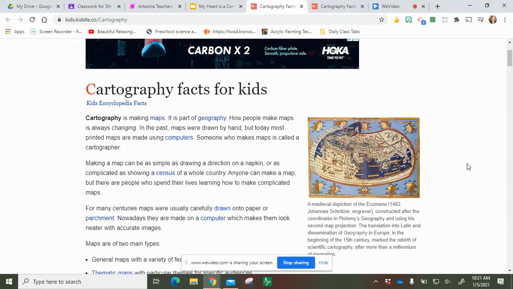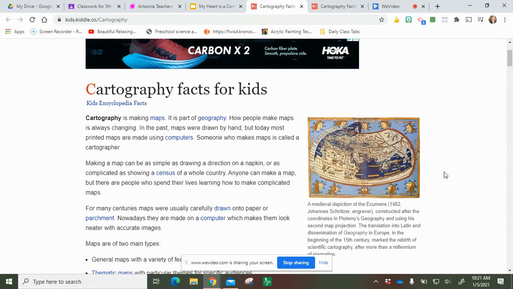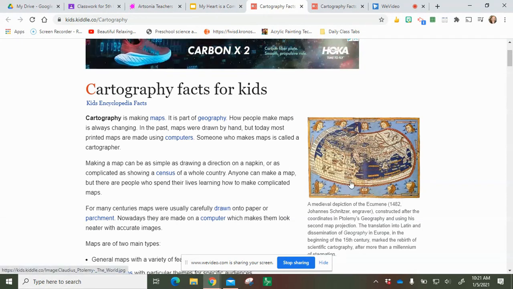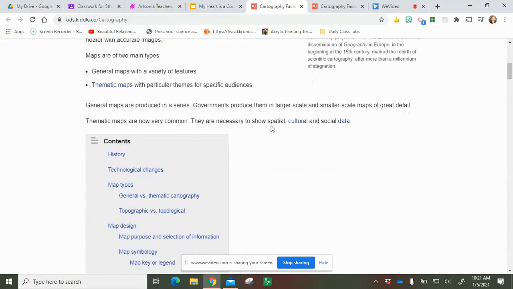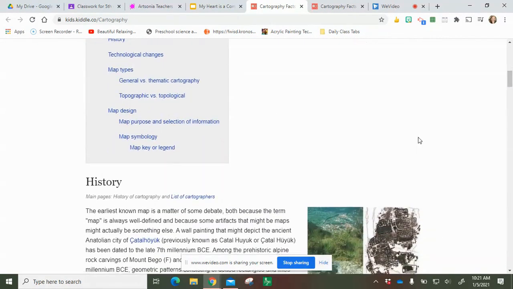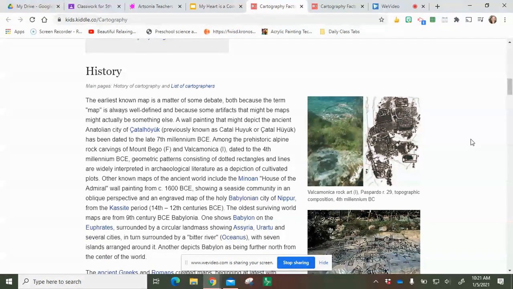So the map that was on that page was actually from 1482 by Johann Schneitzer, who was an engraver, and he made this map based on another person called Ptolemy and his geography, and he was actually from the Roman times. So there's been lots of different maps, starting with the earliest known map, which some will debate was actually written on a cave wall.